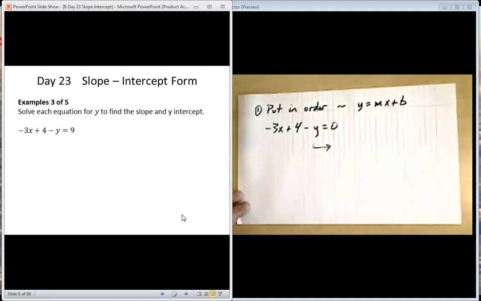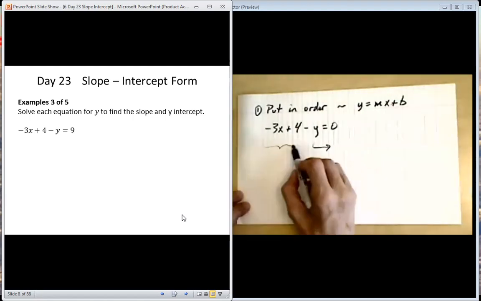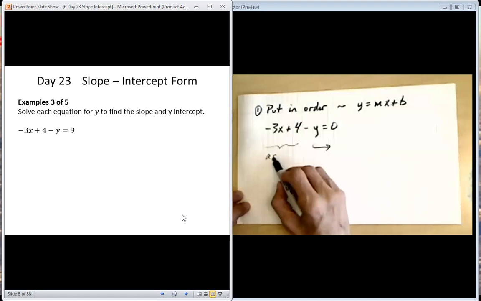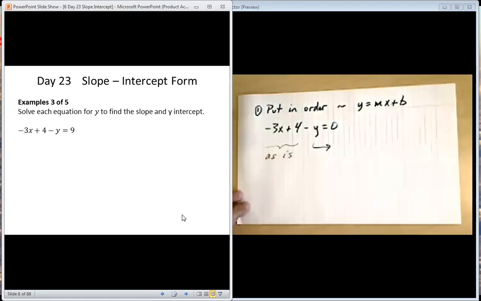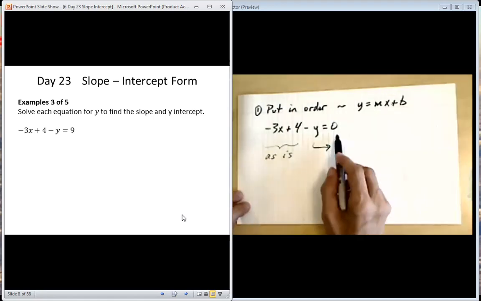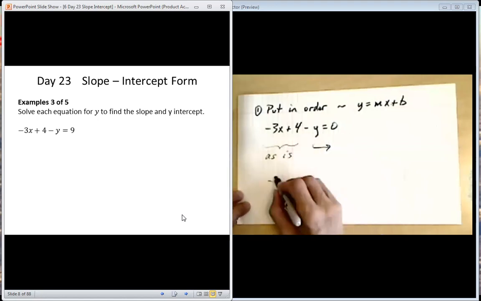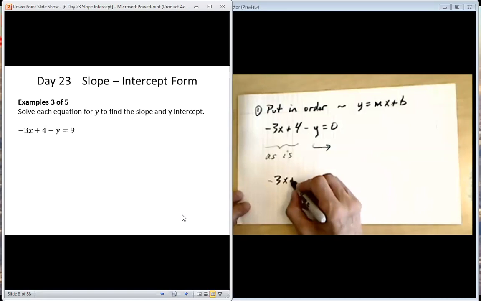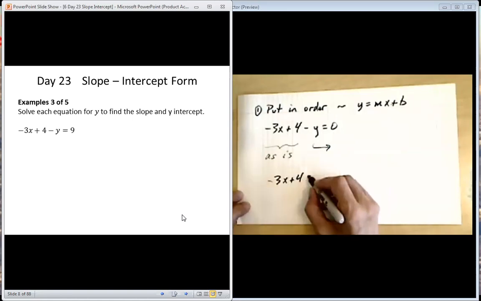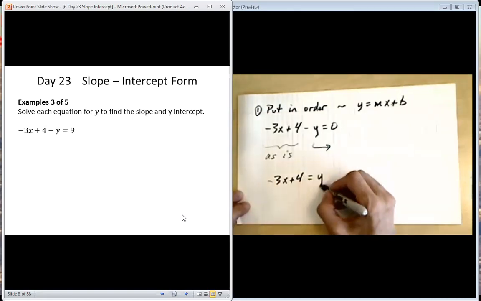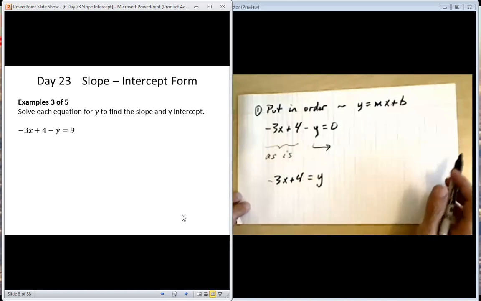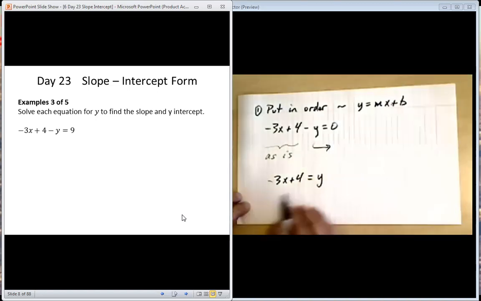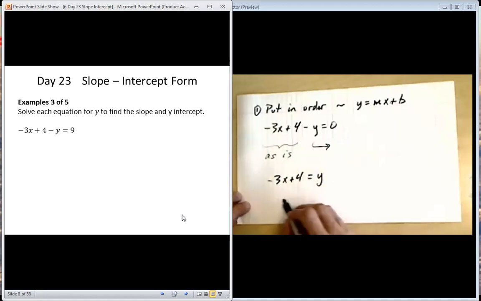That's it. This part just stays as it is, right? Kind of a nice question to start with. The only thing we have to do is move the y over, and it'll become positive, right? So that stays there. The y goes to the other side, so it's positive y now. And we have it set up. It's reverse, right? But this is still okay.